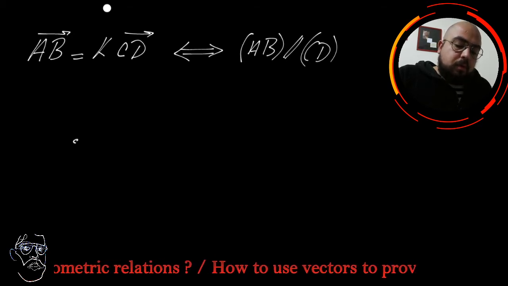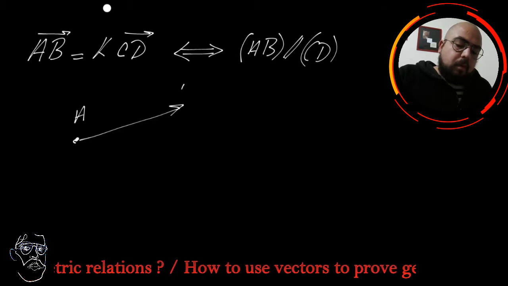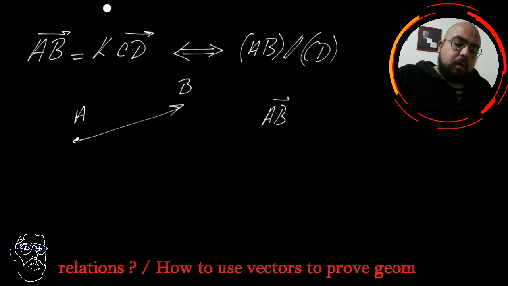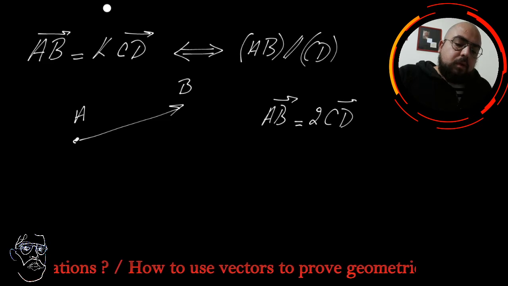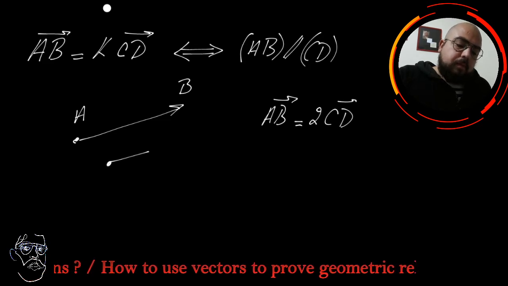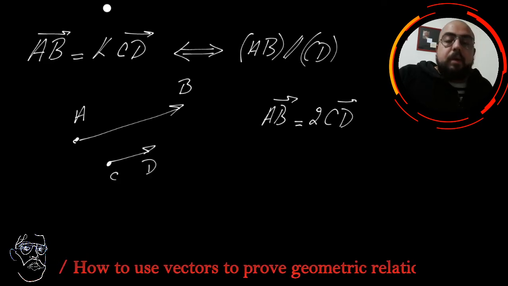So this is AB. Let's say AB is equal to 2 times CD. So this is CD. As you can see, AB is double CD.